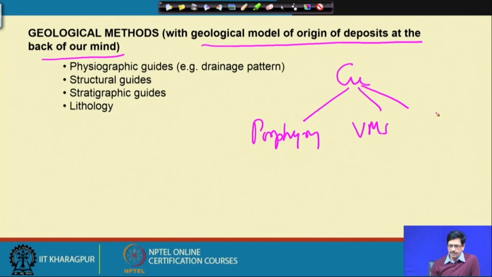So, the exploration program, or the criteria used for it at different scales, are going to be different for different genetic types. A program targeting copper in a VMS type deposit would be entirely different from a program targeting a porphyry copper deposit, for which we will be discussing one or two case studies here.